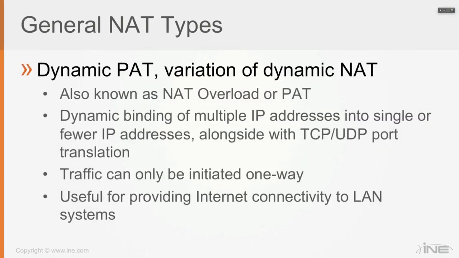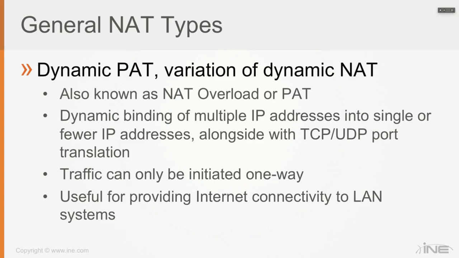Dynamic PAT is a variation of dynamic NAT. It's also known as NAT overload because of the configuration option, or PAT, port address translation. This one is a dynamic binding of multiple IP addresses, like from the LAN, into a single or fewer IP addresses alongside TCP and UDP port translation.